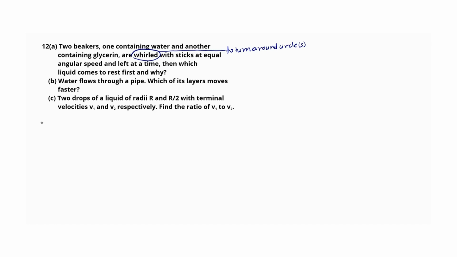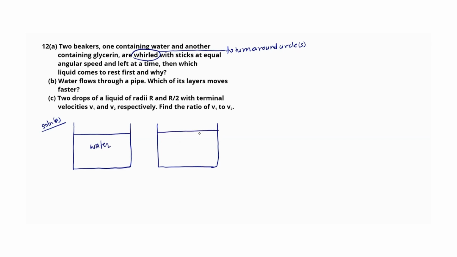Now in this question 12a, we have two beakers, one containing water and another containing glycerin, and the liquids are made to turn around in circles with the help of sticks.